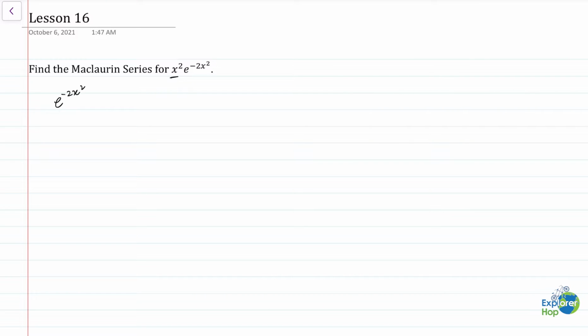So we know that for a function f(x), the Maclaurin series is the summation from n equals 0 to infinity of the nth derivative at 0 over n factorial times x to the power n.